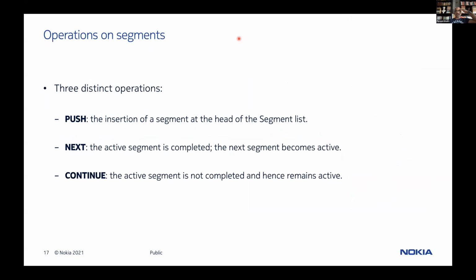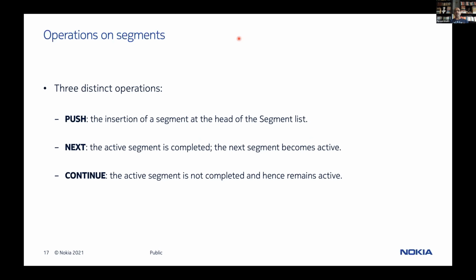Operations on segments. Segments have a similar set of operations as we have with MPLS. With MPLS, you push when you add a new label, you pop when you remove a label, and you swap when you replace a label with another label. In segment routing, we call it push, just like MPLS. We call it next instead of pop, and we use continue for swap. And the reason for that is because it's not just MPLS.